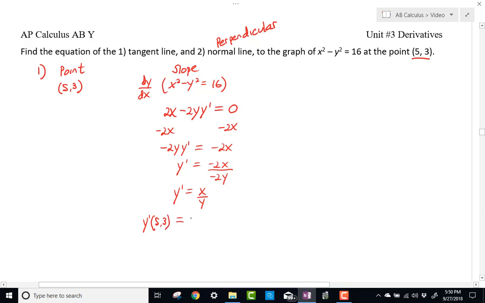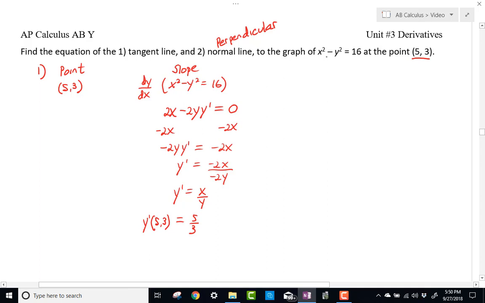So y prime of 5, 3 means plug in 5 for x, 3 for y. Oh, look, we're done. 5/3. There's my slope. So y prime is equal to 5/3. And again, remember, this is the derivative at 5, 3 on the graph of this equation up here.